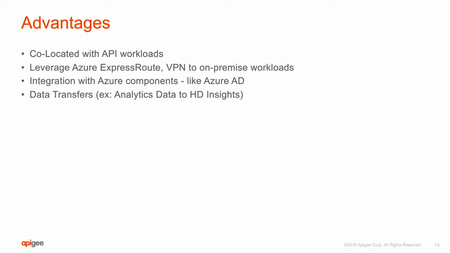So all of the data is relevant not just from an API standpoint, but also for your big data analysis. Pulling in data from, let's say, Apigee's analytics API and pushing it to your HDInsight, for example, could be less expensive if we are on the same Azure cloud platform.